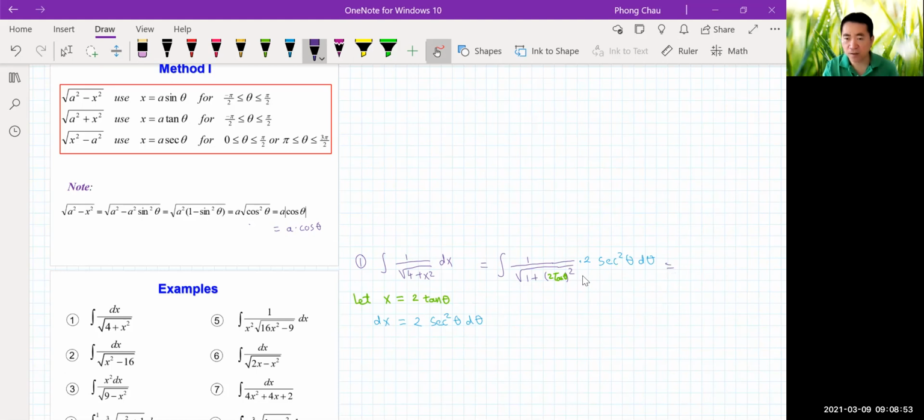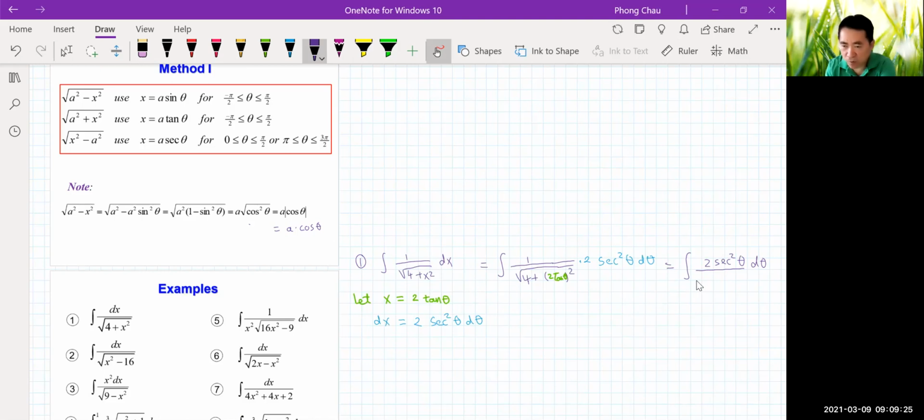Can we? Let's put this back on the top, 2 secant squared times that to be. So you have the integral, that's 2 secant squared on top. The denominator, we have what? Sorry, it's not 1 here, my bad, it's the 4.